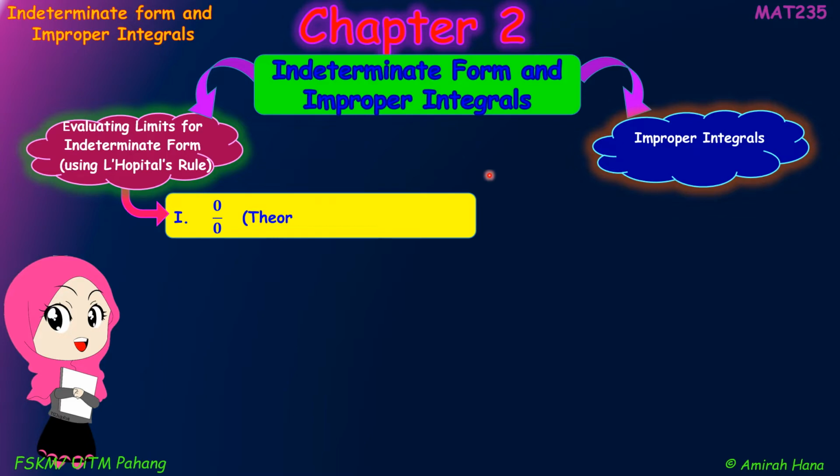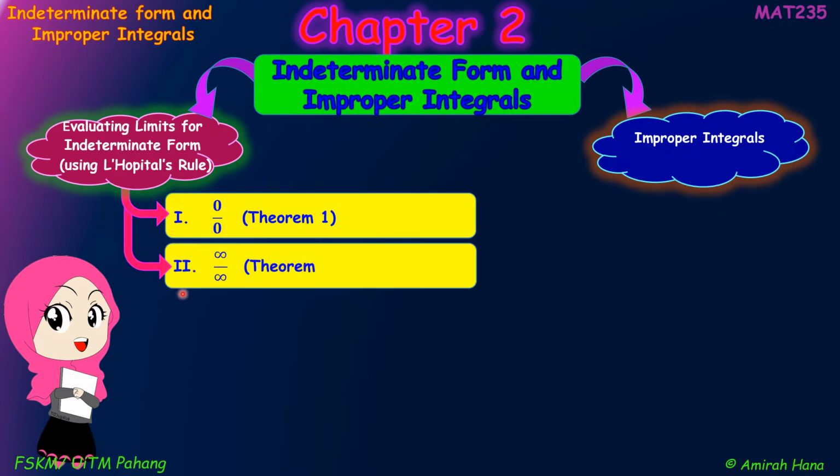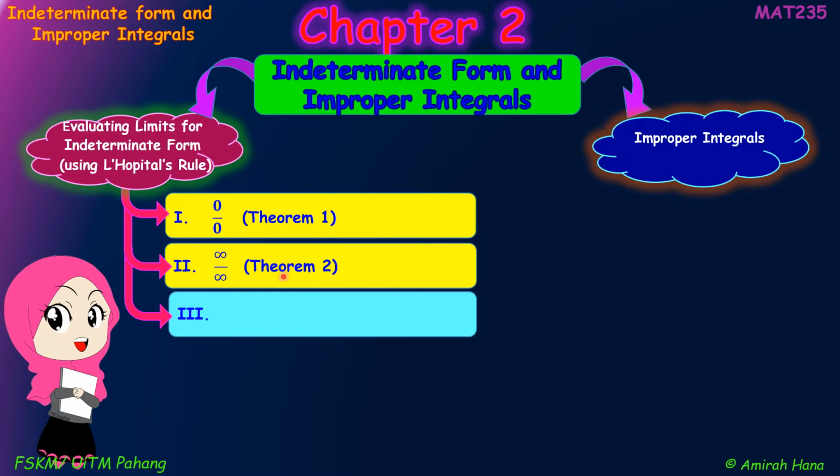Under indeterminate form, we have 5 types. The first type is 0 over 0, which we call theorem 1. The second type is infinity over infinity, which we call theorem 2.